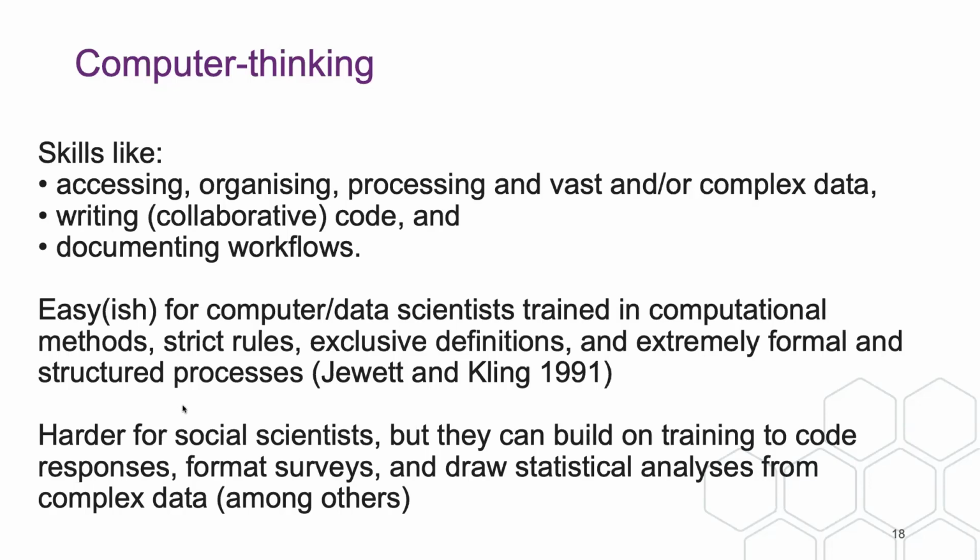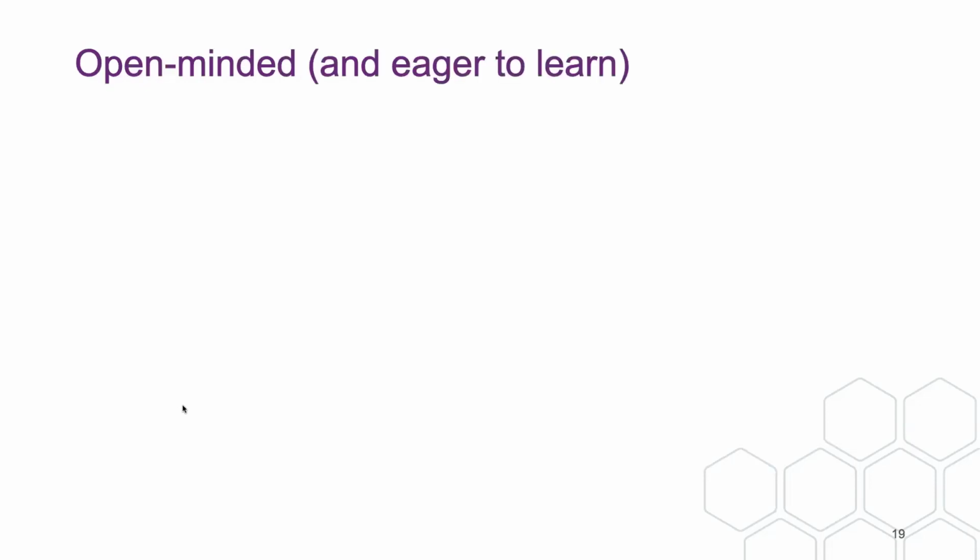But like I said a few slides ago, social scientists do have those data skills that they can build upon. And these are things that I've mentioned before, like coding responses, pattern detection and statistics, formatting your surveys. And this is a really important ingredient.